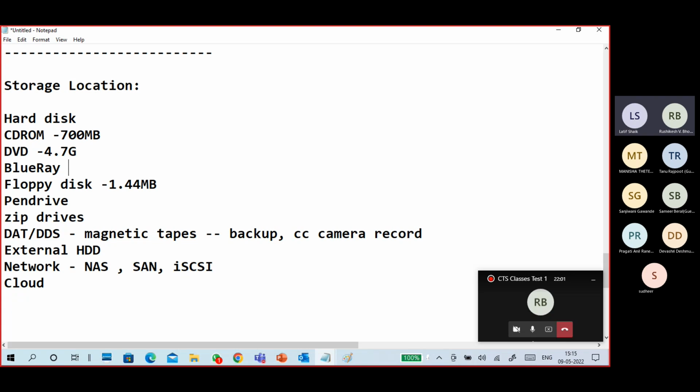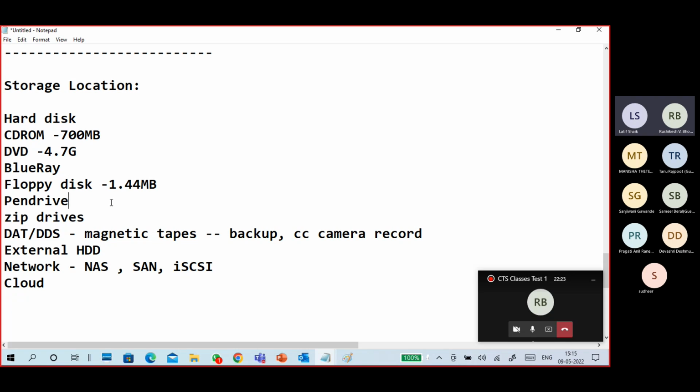The whole point I want to make, because I will explain the cloud later: guys, we store data in hard disk, CD-ROM, DVD, Blu-rays. Blu-ray is also an optical drive. Floppy disk, in the olden days we used floppy disks. Different types of pen drives, USB pen drives are there now.